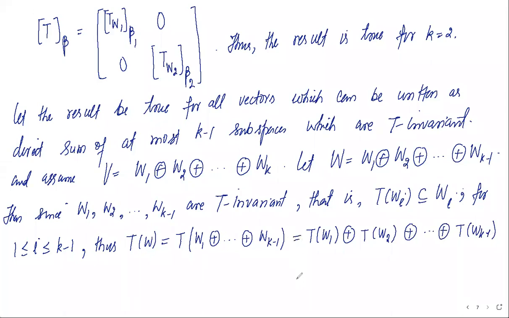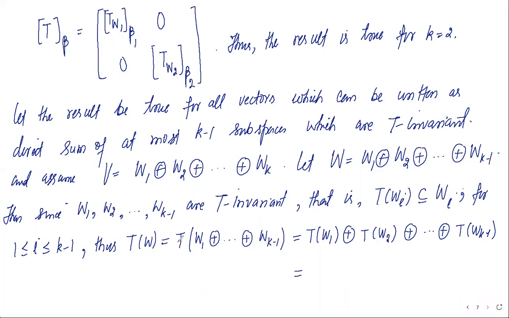Now this is coming from the fact that T is a linear operator, and from the definition of the direct sum, because as we have this direct sum W1 plus up to Wk minus 1, every element of this vector space W is the sum of vectors, one from W1, second from W2, and the k minus 1 from Wk minus 1.